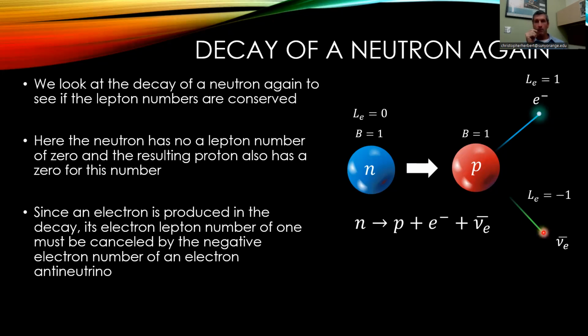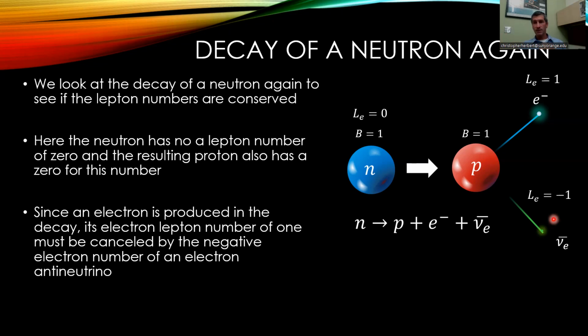And when this type of decay was first observed, I believe it was Enrico Fermi. I hope I'm getting this correct. Fermi looked at the momentum of the particle coming in and the momentum of the particles going out, and he noticed momentum wasn't conserved. There's some missing momentum, and he hypothesized that this was some ghost particle that he couldn't detect.